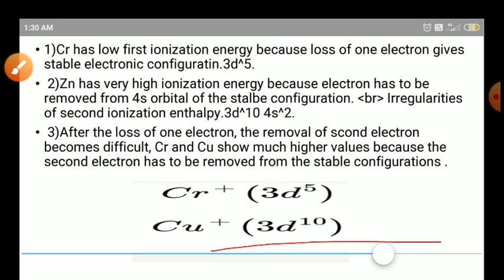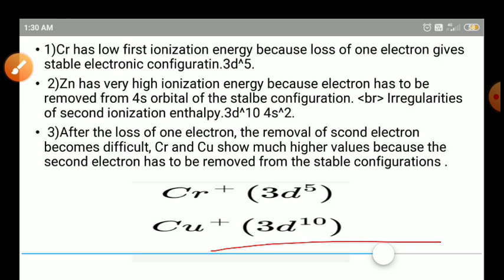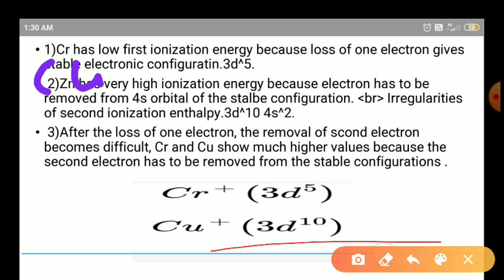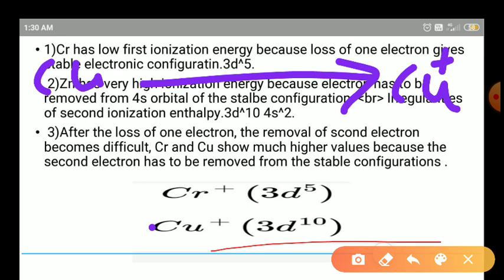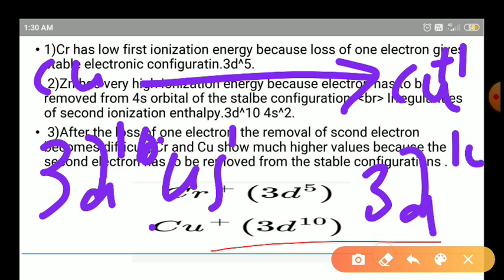Okay, the third point, similarly chromium: I already discussed the chromium atom and chromium ion. Now compare copper, which turns into the copper ion: 3d10 4s1 becomes 3d10 4s0. So the first ionization enthalpy is very low here.